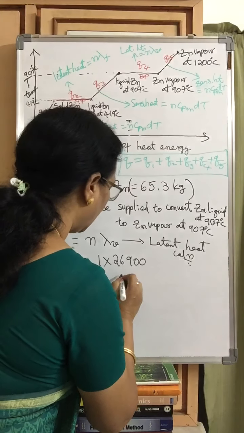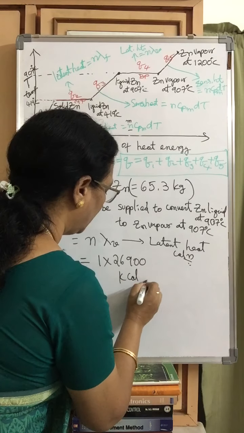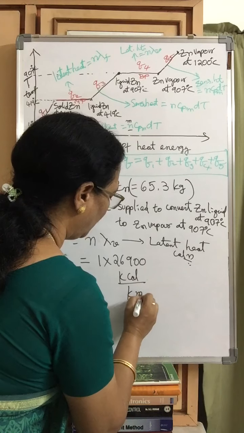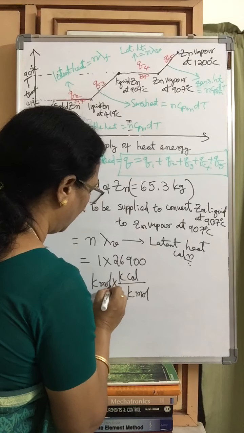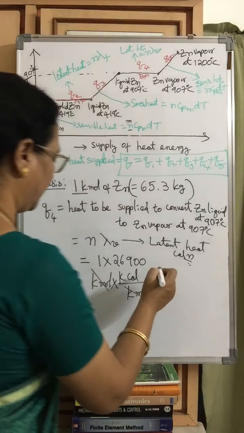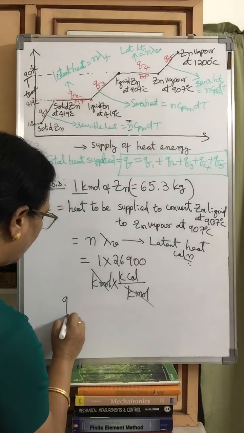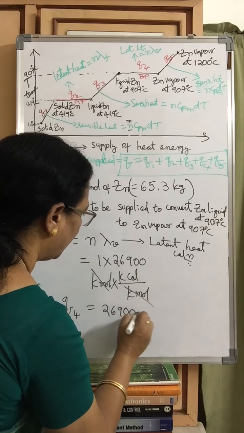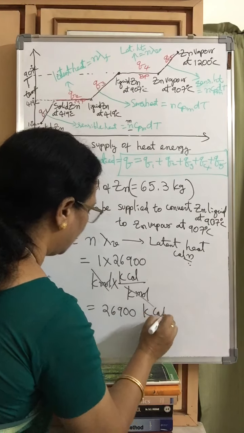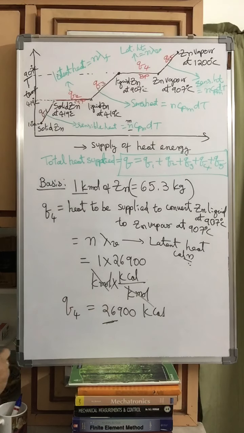This is kilocalorie per kilomole and this is kilomole. Kilomole gets cancelled. So Q4 is equal to 26,900 kilocalories. Okay, this is Q4.